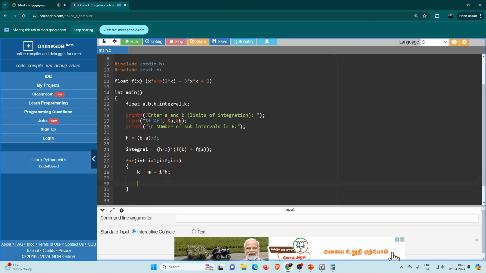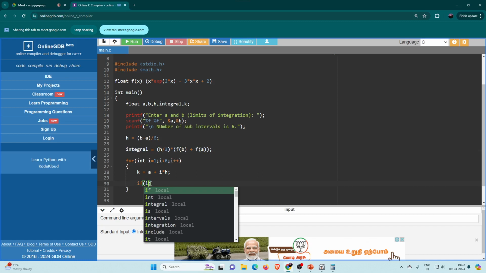So that is why I am only traversing. So in our case, my inputs will be 0 and 1.2. Inside the loop I need only the values at 0.2, 0.4, 0.6, 0.8 and 1, because I have already included the values at 0 and 1.2 here, right? So I'll say for odd and even, right?